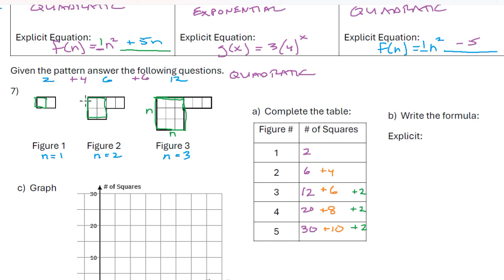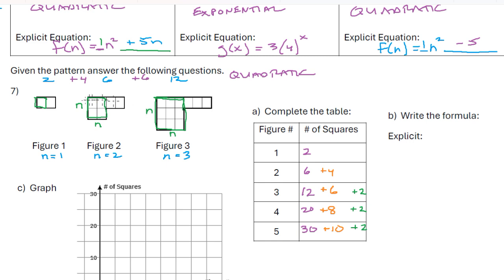It's 2 by 2, 2 wide by 2 high, and that's my figure number. You're looking, class, for some way that you can write the dimensions of this square, or it could be a rectangle as well. In different patterns, it could be a rectangle. You're looking for a way to write that so that when you substitute the n value in here, you actually get your dimensions, and it has to be consistent.